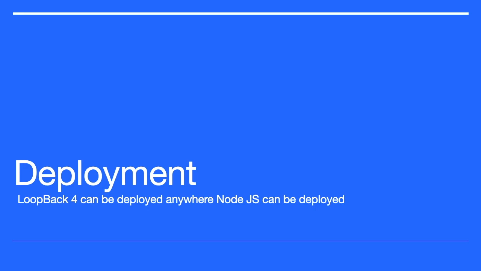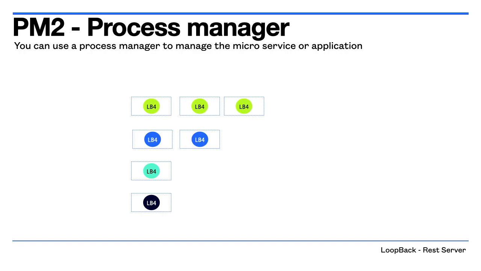So where can I deploy once I build my LoopBack 4 applications? Well, they can be deployed anywhere where Node.js is available. But since we are going to be focusing on line of business applications during the subsequent lessons, we're going to be talking about, for example, a Unix server or a Windows server with PM2.